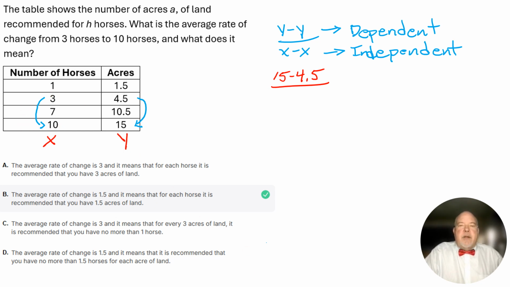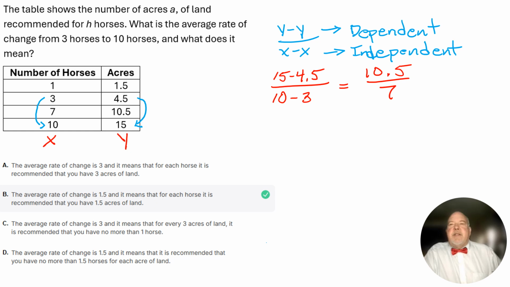Okay, so now I'm going to do the 10 minus 3, like I said. And what I end up with is 10.5 over 7. And if you take 10.5 divided by 7, you get 1.5. So the rate of change is 1.5.